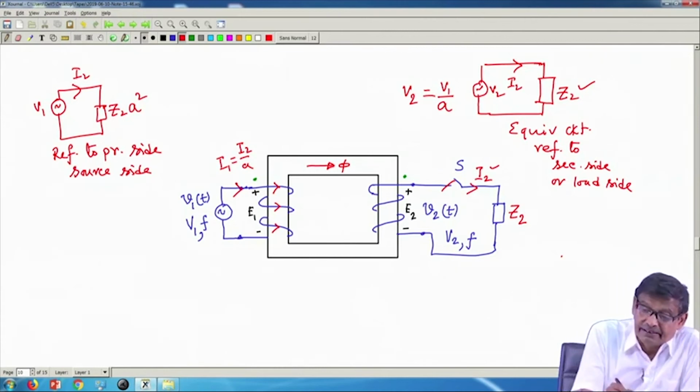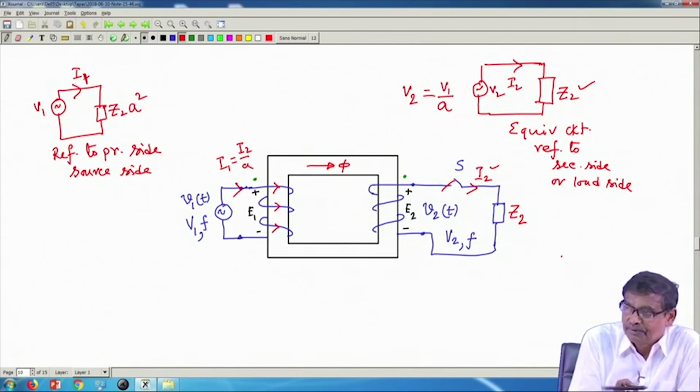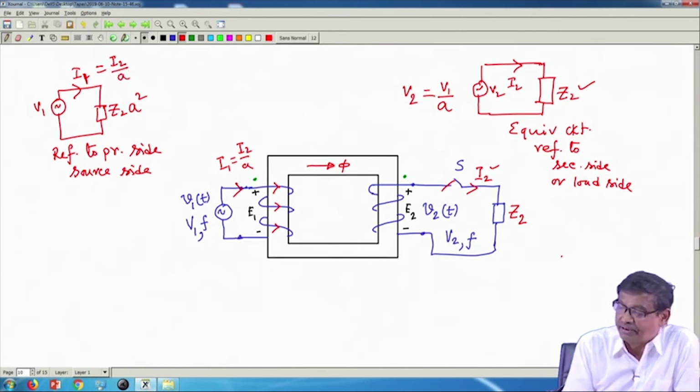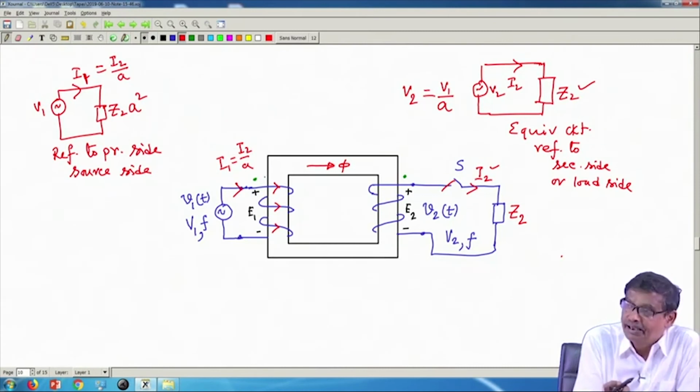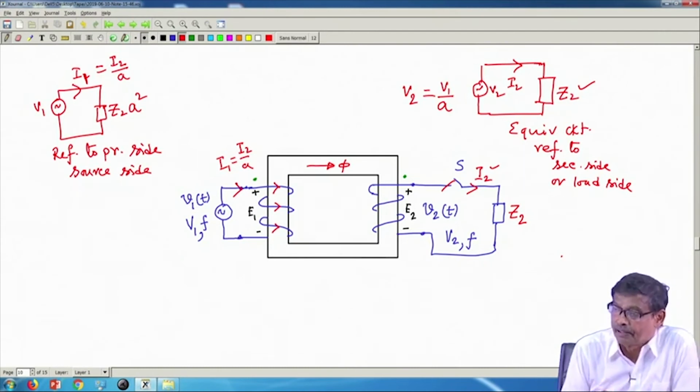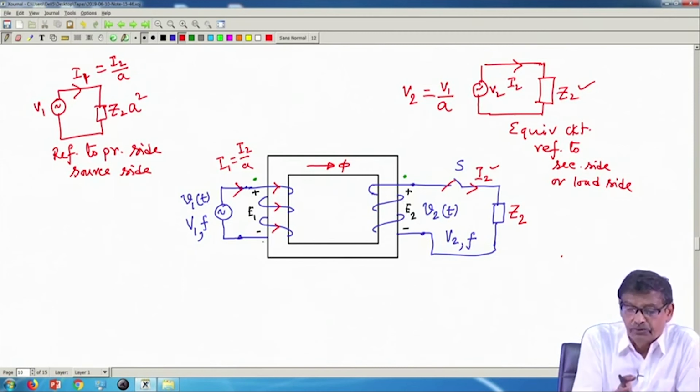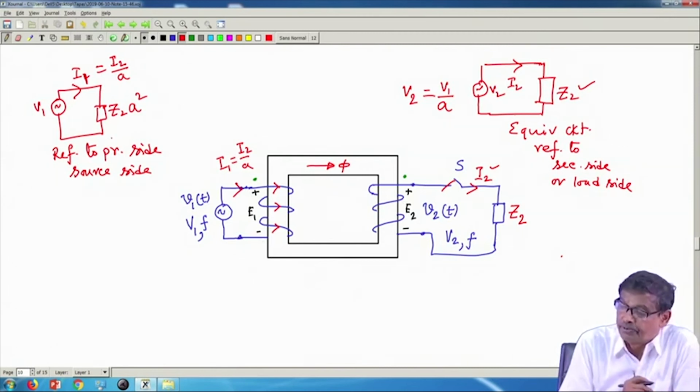And this current is I 1, and it is related to I 2 by A. Any actual current on the secondary side should be divided by A, and any impedance from the secondary to this side is multiplied by A square. V 1 is already here. So, no transformation is necessary for V 1.